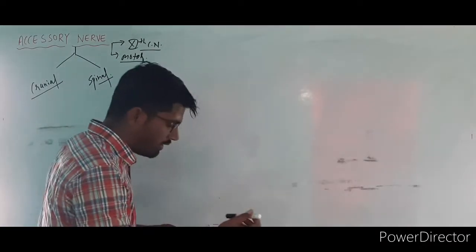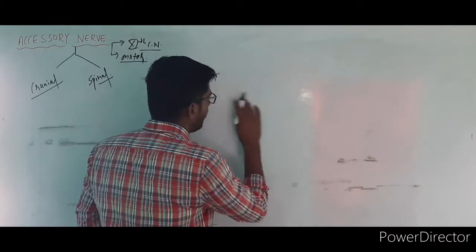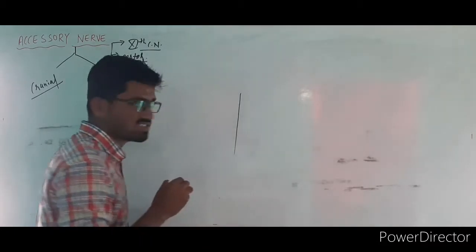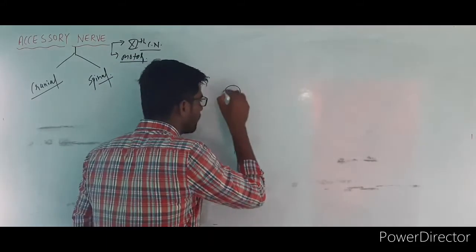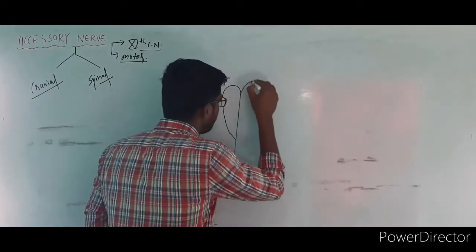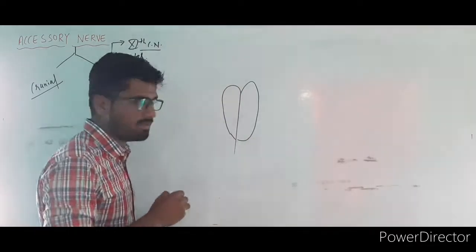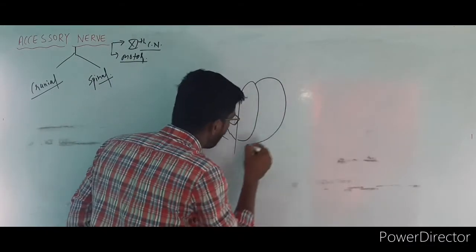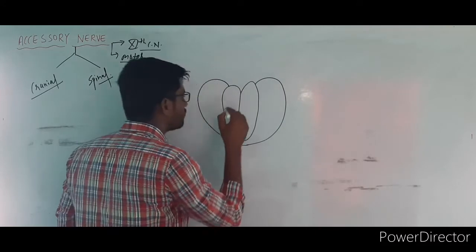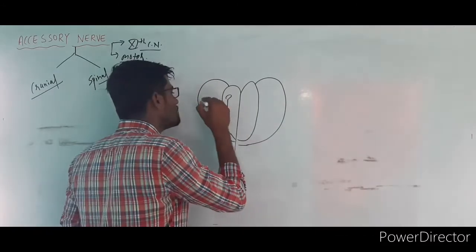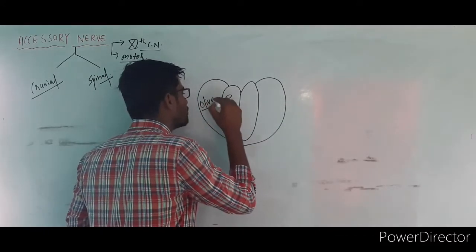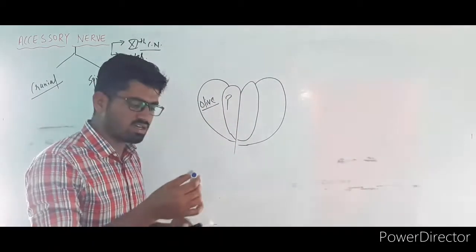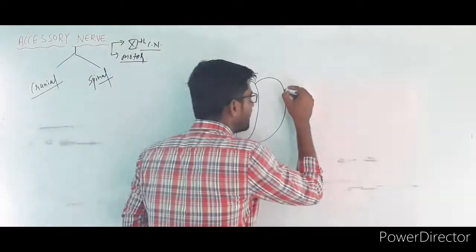This is the midline. Here is the pyramid, P, and this is the olive, O. Can you tell me the cranial nerves arising from here?